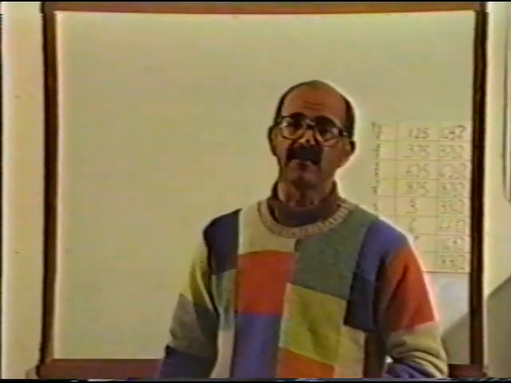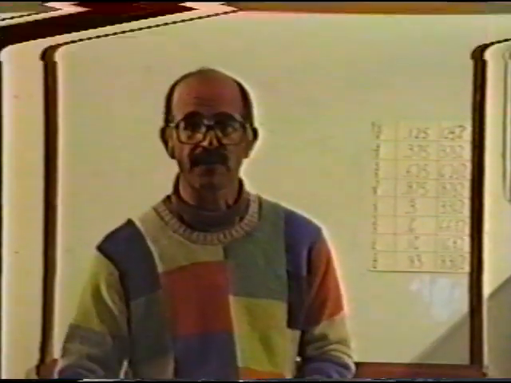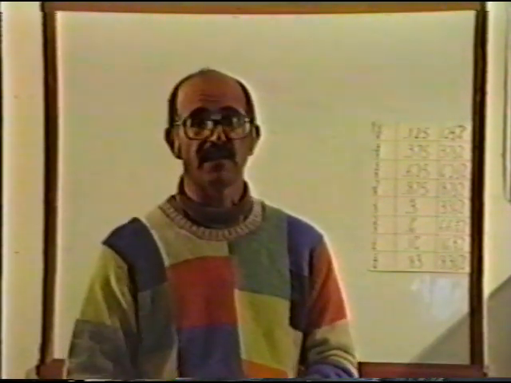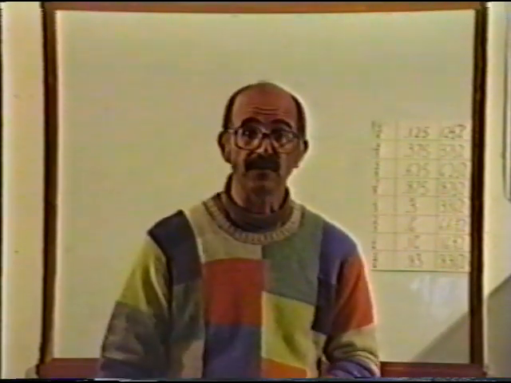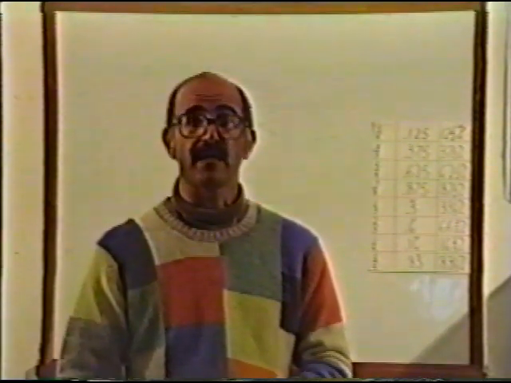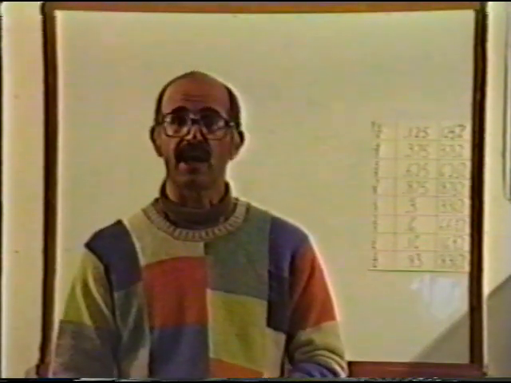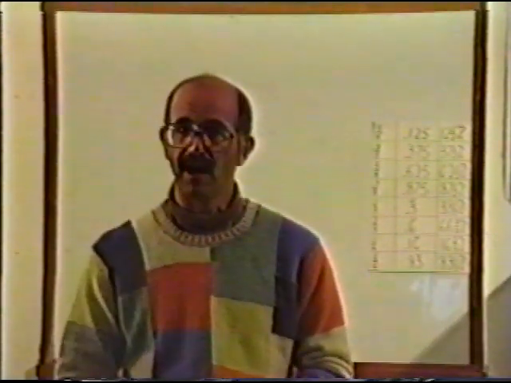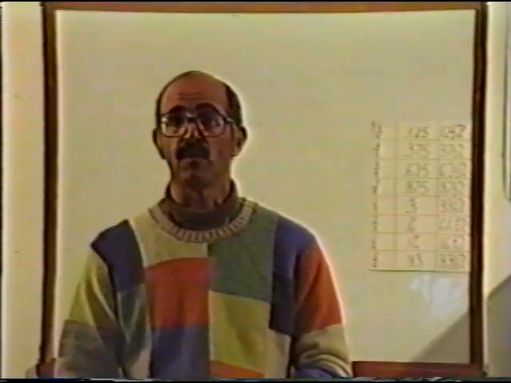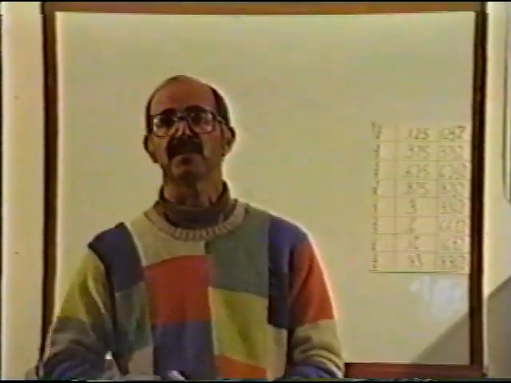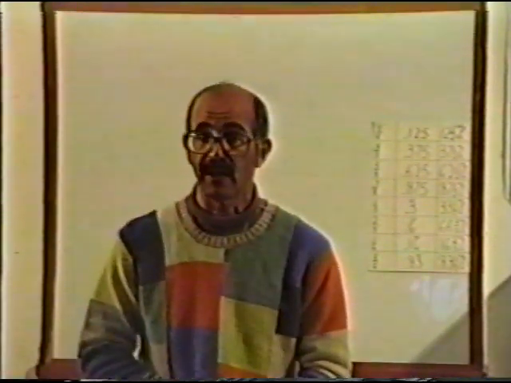Now we're ready for the type 3 problem. The kind of problem when you don't know the number that comes after the word of. So I like to call it the of what problem, when you don't know how much is the whole thing.